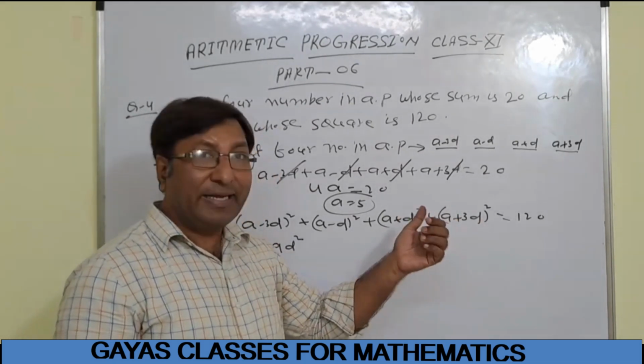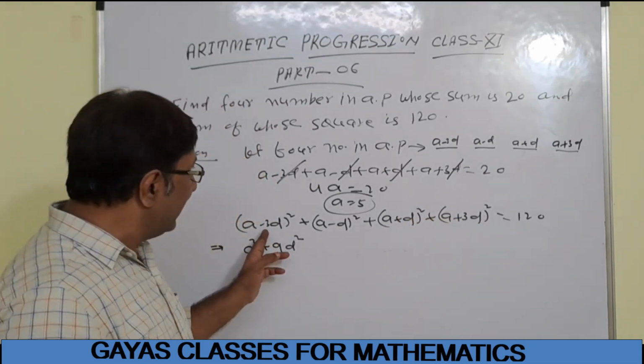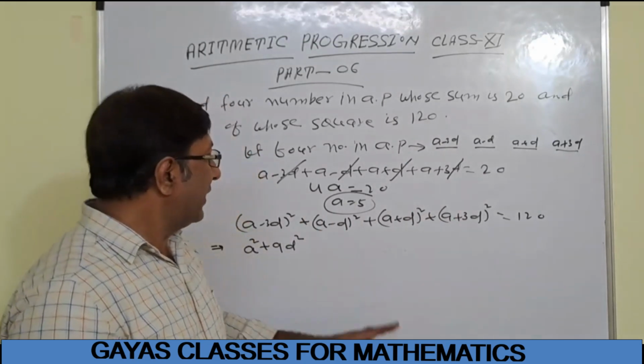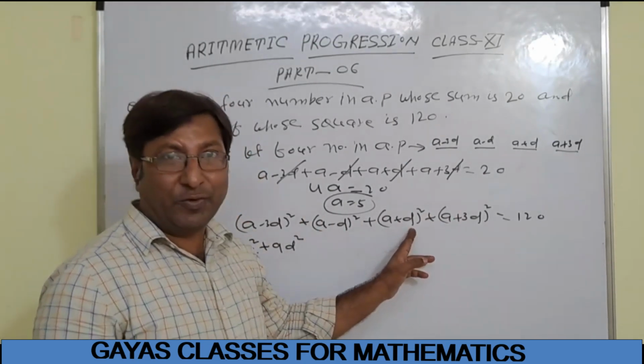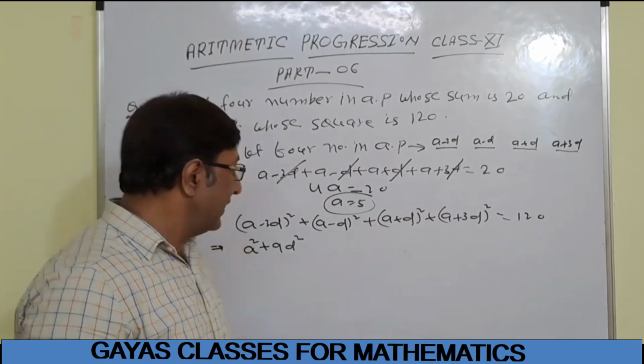So we are not writing the AD terms, because here negative and there positive. We are writing only A square and D square.